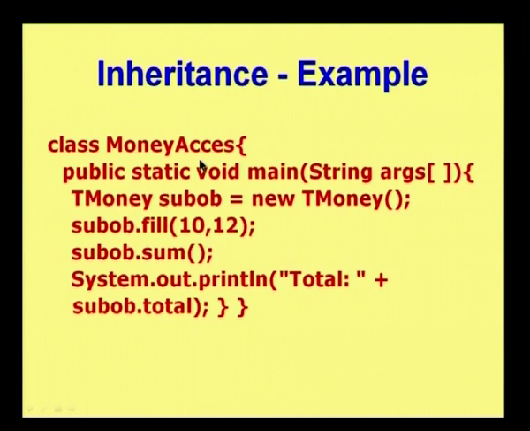This is how we try to access that particular variable and do the object creation. Here we have T money, we are creating an object of T money, that is the derived class. New T money, this object is calling the fill method. This is a base class method, but for this particular object I can access this method.